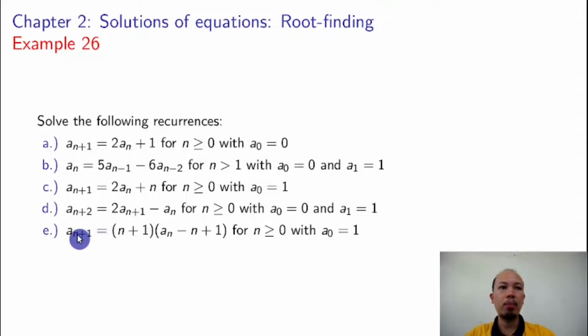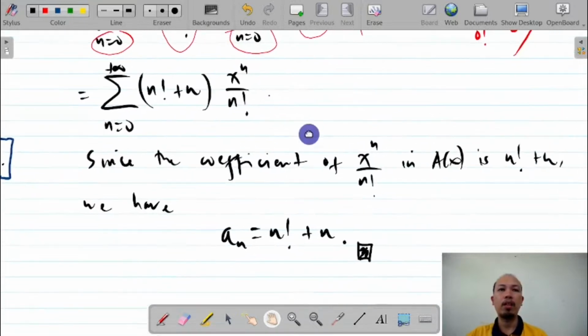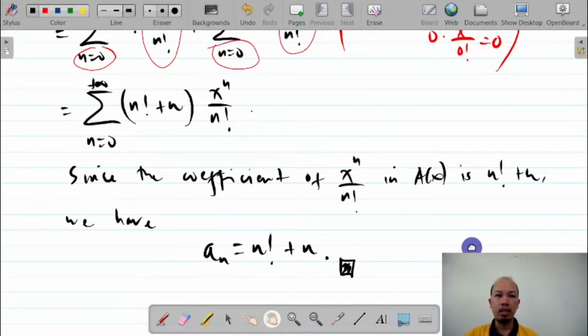Just replace n by n plus 1, then you will have this expression here. So that's it. I believe that the method of generating functions in finding the closed form or the explicit form of the recurrence relation is very useful and very amazing.